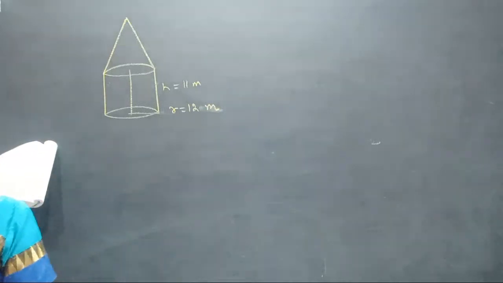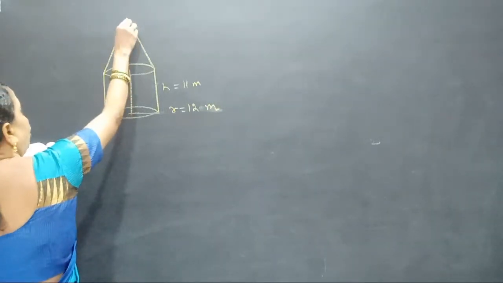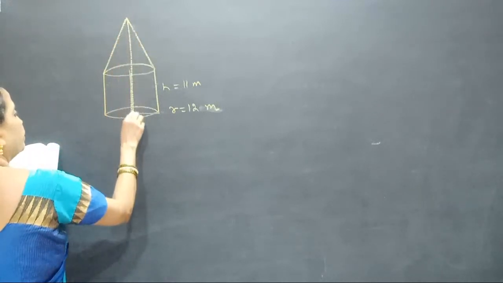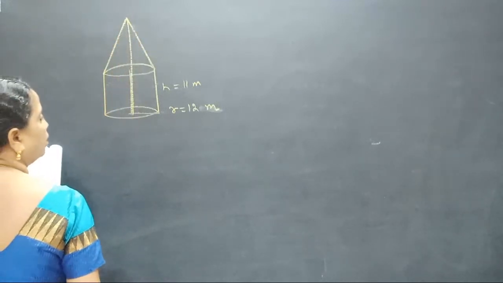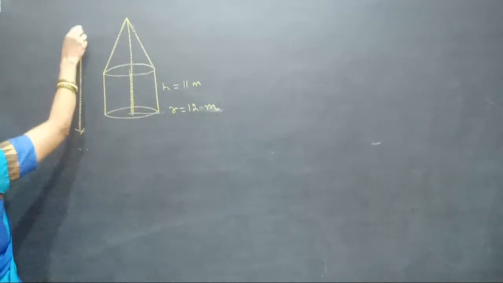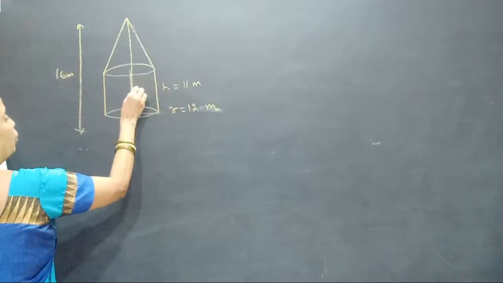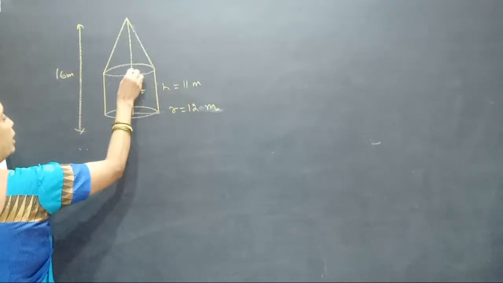And the vertex of the cone is 16 meter above the ground. So total height of the tent is 16 meter. Up to here it is 11 meter.